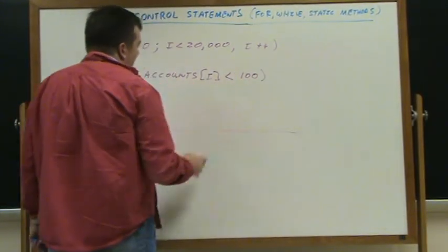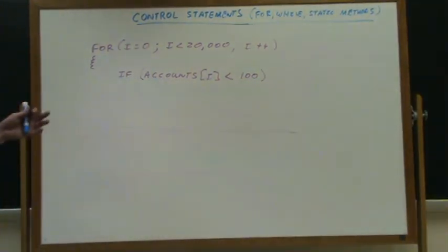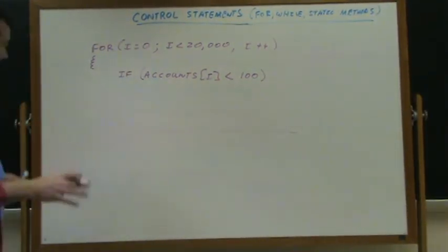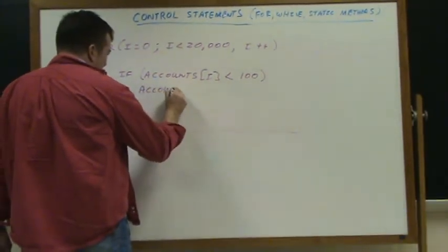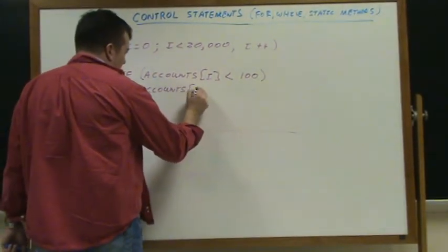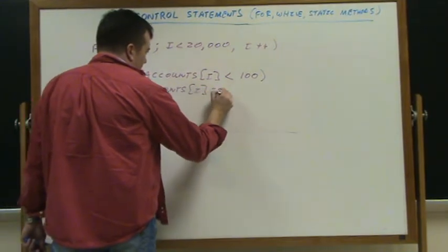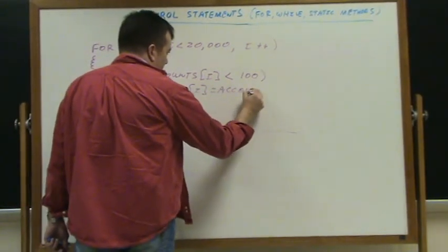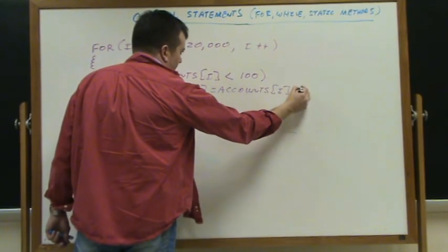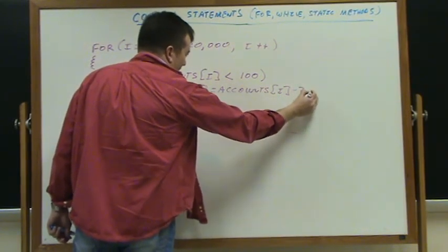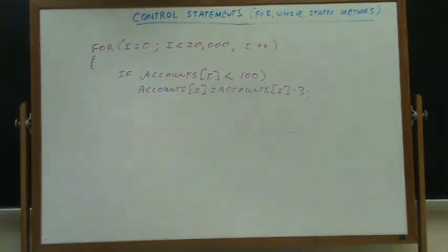If it's less than $100, we subtract a fee from them. Insufficient funds fee. accounts i equals accounts i minus $3. Something like that.